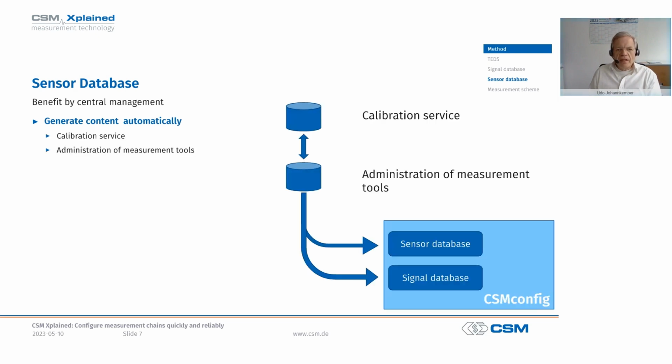This way, the sensor data is always up to date and available for all users simultaneously if the database is also stored centrally. So the calibration service can contact the administration of sensor tools, and they both export the data they already have in their databases to the sensor database format and the signal database format.